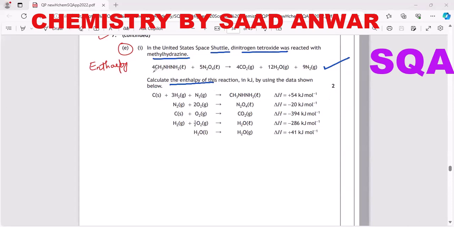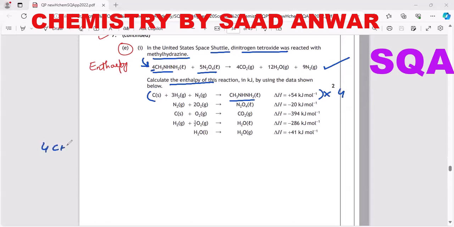So here you see this dinitrogen tetroxide. Oh no, sorry, this is not dinitrogen tetroxide, this is methylhydrazine. Here the methylhydrazine is on the product side, and here methylhydrazine is on the reactant side, so you need to flip this equation and multiply it by 4, you see here we have 4 moles.